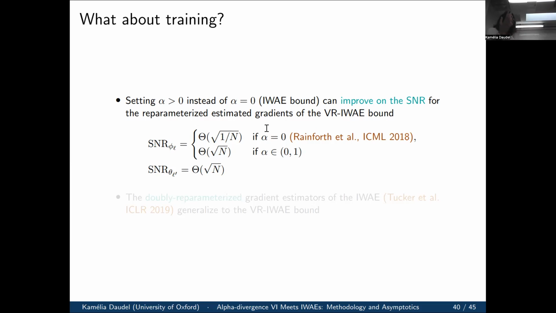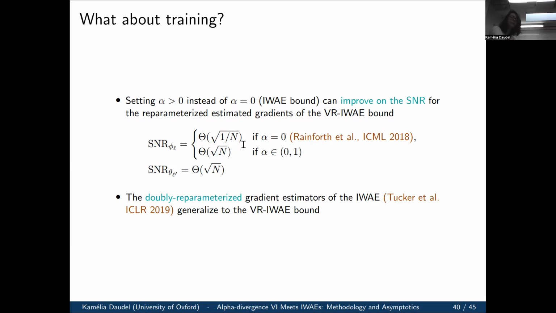As it turns out, if you play with this alpha, you can remedy this. This is what is written here, and it tells you that learning with alpha might actually have good impacts in practice. The second thing, again if you're a bit familiar with the literature, is that the doubly reparametrized gradient estimator, developed by Tucker et al. in ICLR to remedy those signal-to-noise ratio problems for the IWAE, can be extended to the VR-IWAE bound.